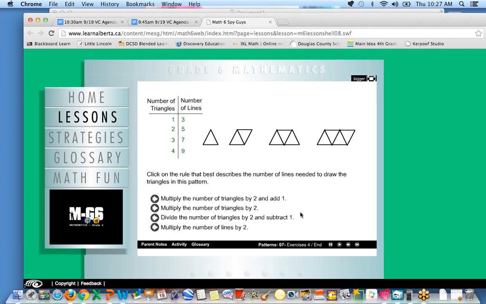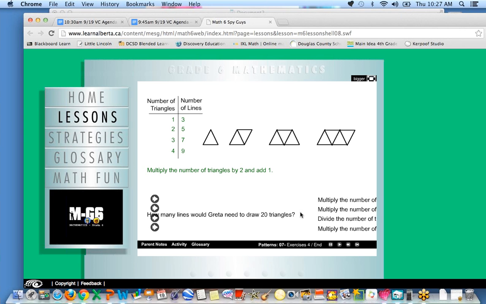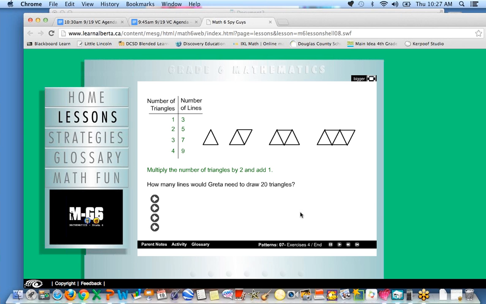So now we're going to try. How many lines would Greta need to draw 20 triangles? Okay, so that's why I wanted to figure out that pattern. Because now we're not going to move to an easy 5 triangles. We're moving all the way up to 20. So we have to multiply the number of triangles, 20 triangles, times 2 plus 1.